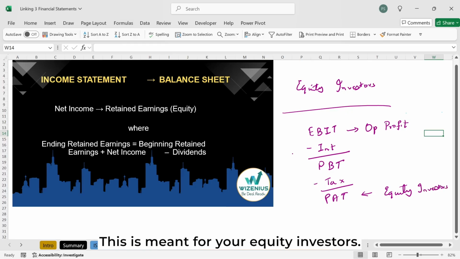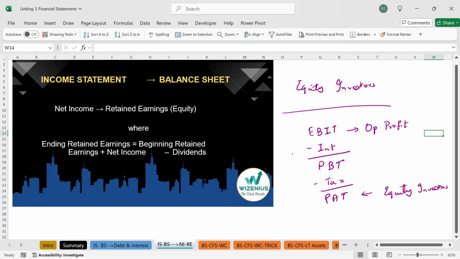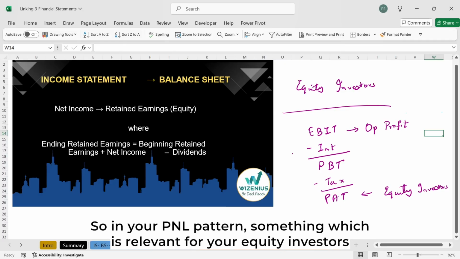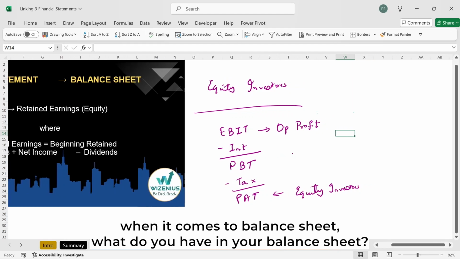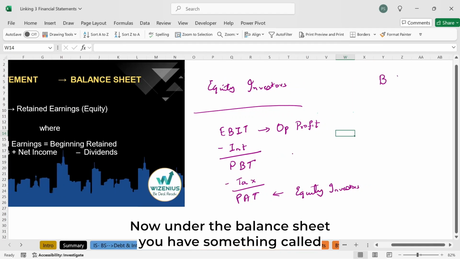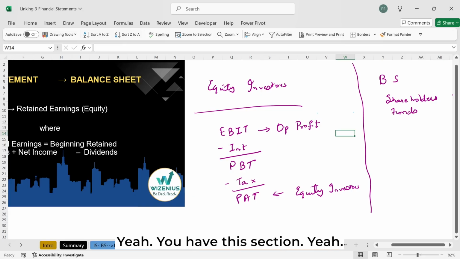This is meant for your equity investors as per the rule that I've just taught you in the previous sheet. So in your P&L, PAT is relevant for your equity investors. When it comes to the balance sheet, what do you have? Under the balance sheet, you have something called the shareholders' equity or shareholders' funds.